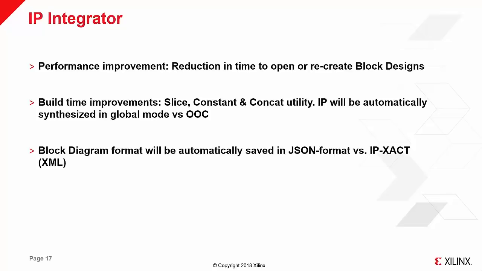This approach cuts down on the out-of-context design runs overhead, and in larger designs this results in significantly faster build times. Lastly, for IP Integrator, all new designs starting in 2018.3 will be saved in a new JSON file format. We moved to JSON for easier readability of the actual BD file. This should be entirely transparent, but we wanted to make sure we mentioned it.